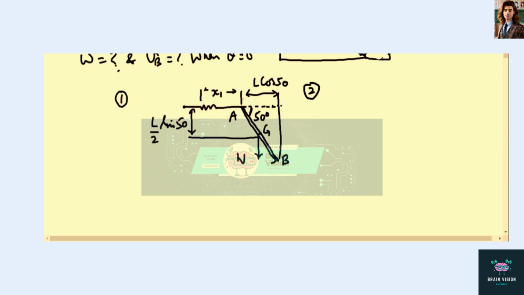Now see the position 2. Spring, rod AB, G. This will be L by 2 each. This is the instantaneous center.